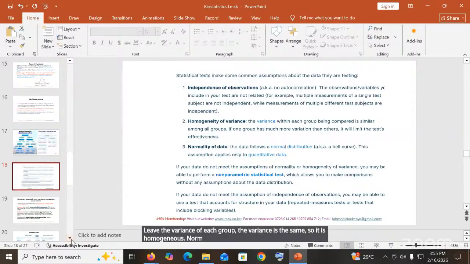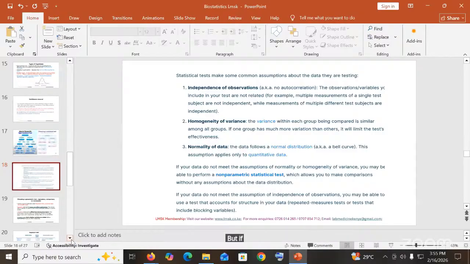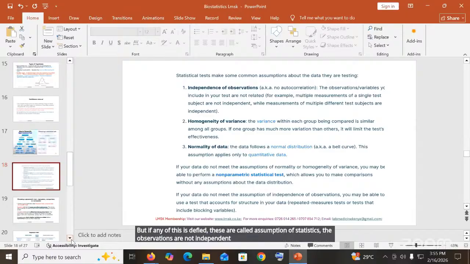Normality of data: we talked about the distribution. Is it bell-shaped? If it is normally distributed, then that's okay. But if any of these assumptions, as they are called, is violated, for example the observations are not independent, they're dependent, you will not use parametric tests. You'll use what you call non-parametric statistical tests.